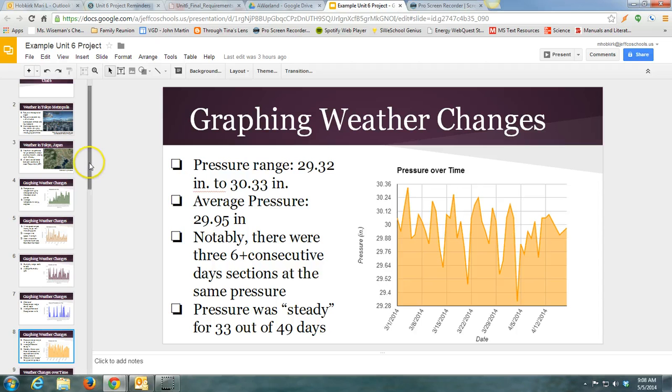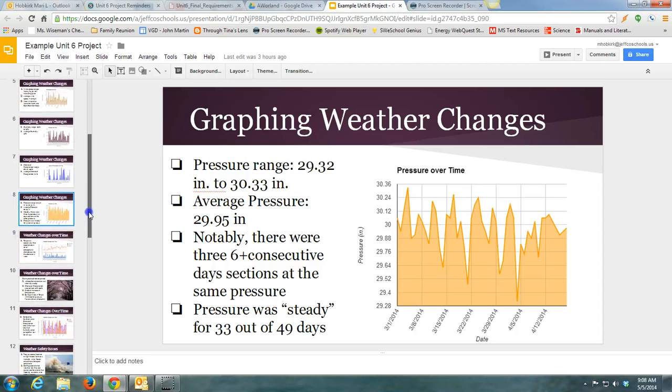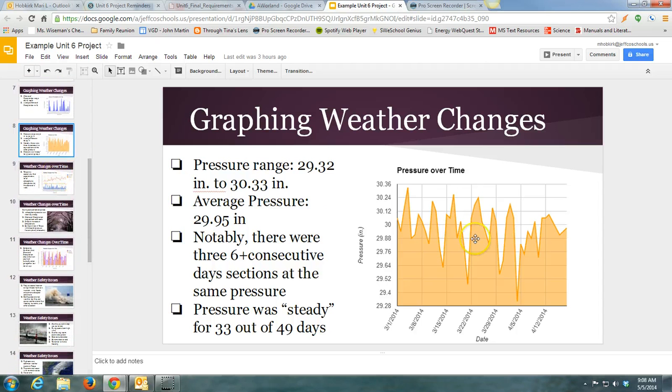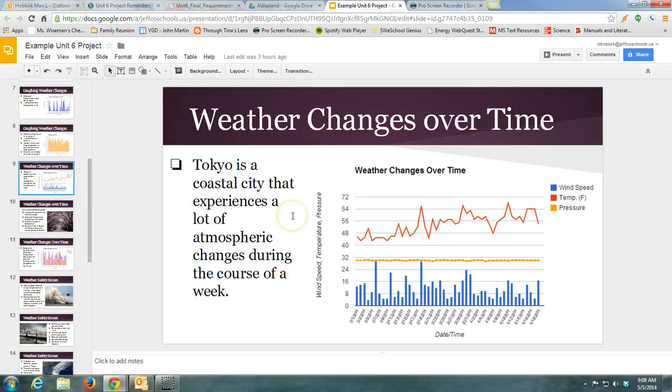Then she did pressure over time, and again, very nicely done. Here she did a great job. She graphed wind speed, temperature, and pressure all on one graph, which was really nice, because then you could see what happened when the temperature was way up here. That was also a day you had high wind.